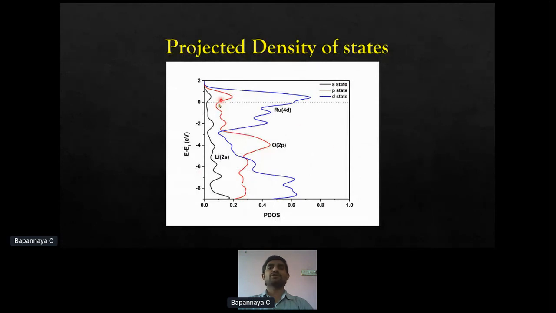And this is the projected density of states, where we can calculate the lithium s orbital, oxygen p orbital and ruthenium 4d orbital density of states, and this looks like this, and our results are exactly in agreement with those results available in the literature.